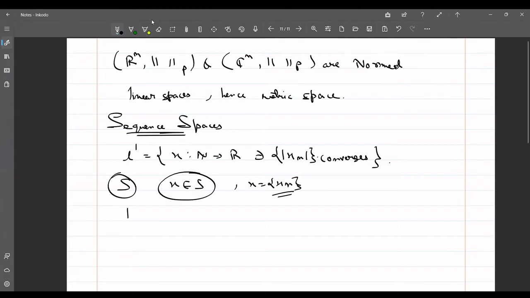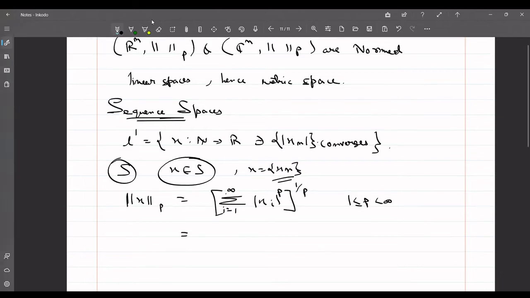We similarly define the p norm of x as the summation. In this case, as we are taking a sequence, we take the summation from i equals 1 to infinity of (|x_i|^p) whole to the power 1 over p. This is when 1 is less than or equal to p less than infinity.